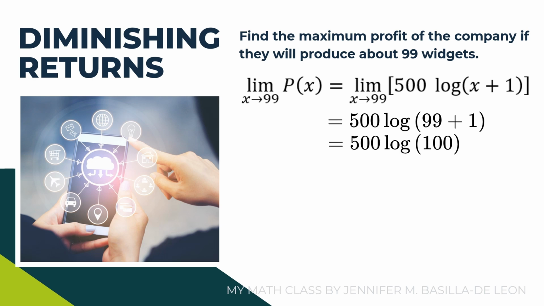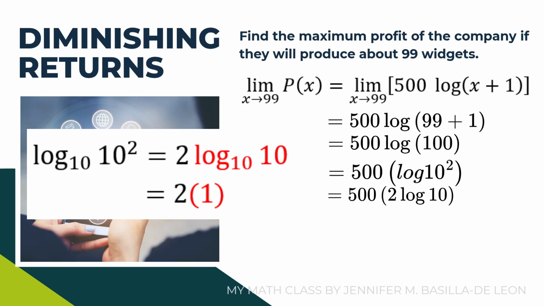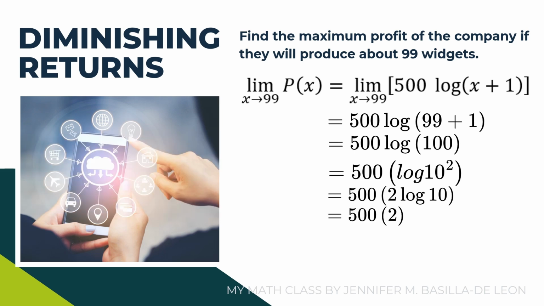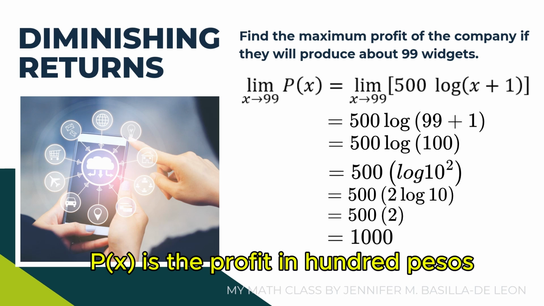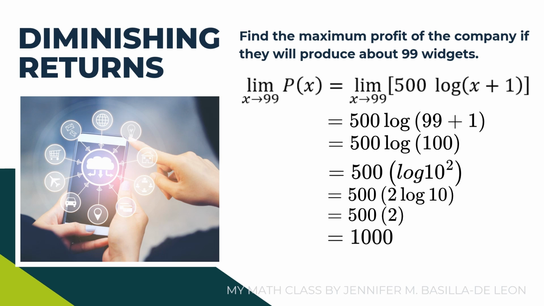Simplifying, we will have 500 times the logarithm of 100. Using the fact that the logarithm of 100 is equal to 2, since 10 squared is equal to 100, we will have 500 times 2, which is 1,000. Since P of x is the profit in 100 pesos, we multiply 1,000 by 100. So the expected profit for producing about 99 widgets is 100,000 pesos.